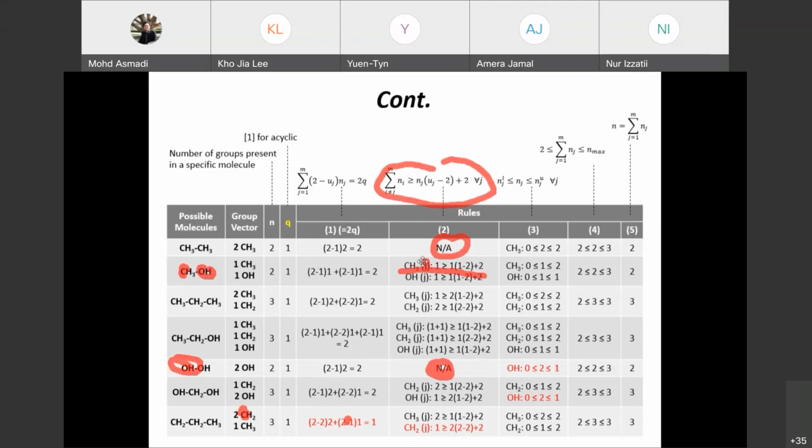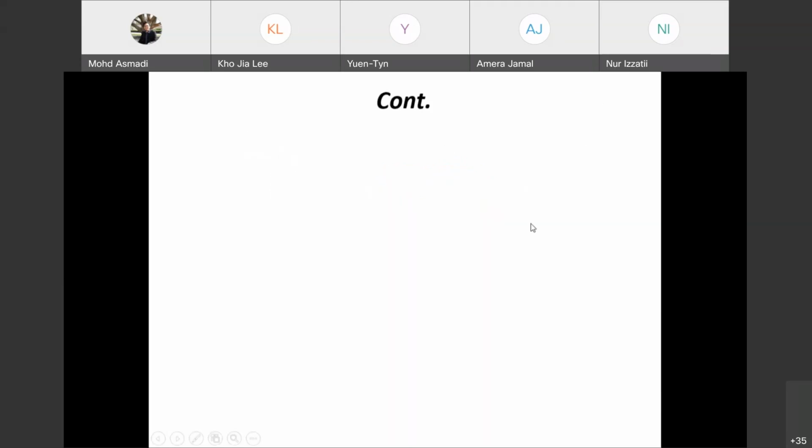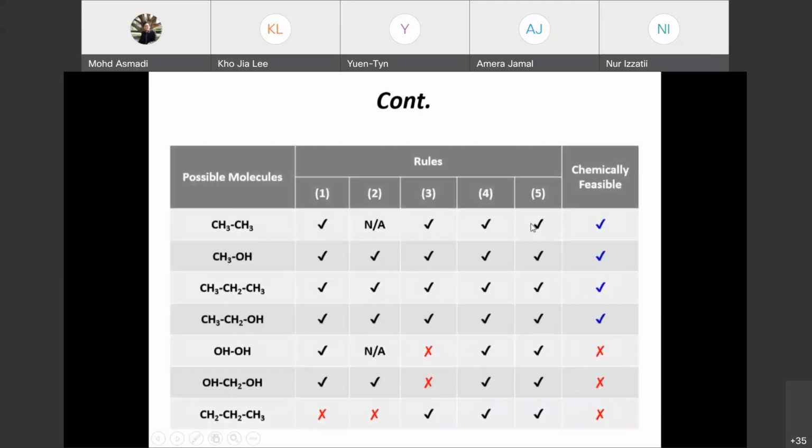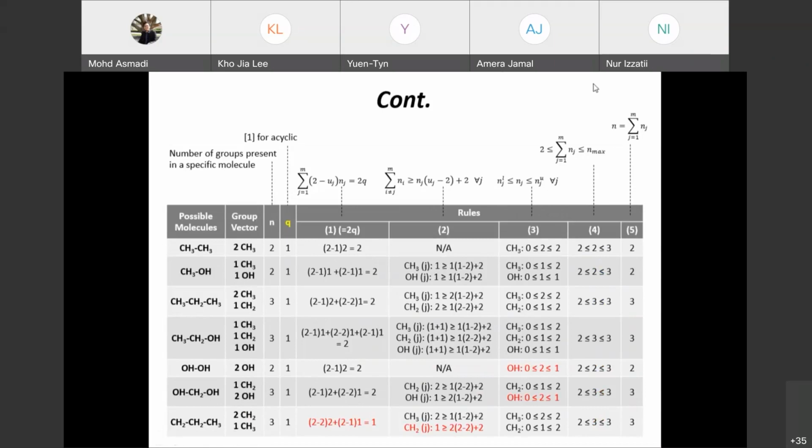So let's see for J equal to CH3. If J is equal to CH3, and I is equal to 1, because OH has I equal to 1, right? And then NJ is equal to 1 also, 1 molecule, so 1 times 1.